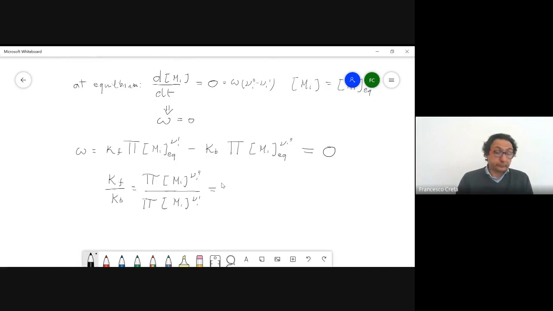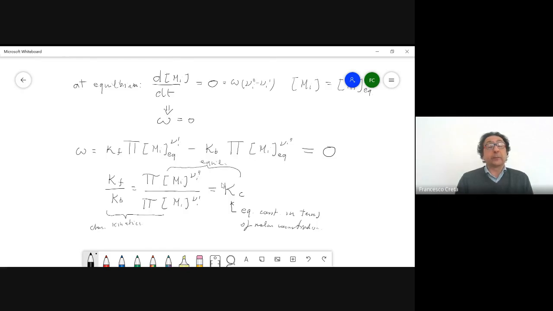But if you remember, at equilibrium, we were always equating this to the equilibrium constant in terms of molar concentration. This was our condition of equilibrium. So we derive this from chemical kinetics, and this is what we remember from equilibrium.